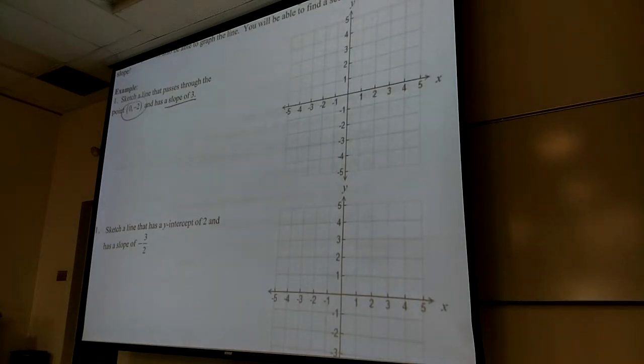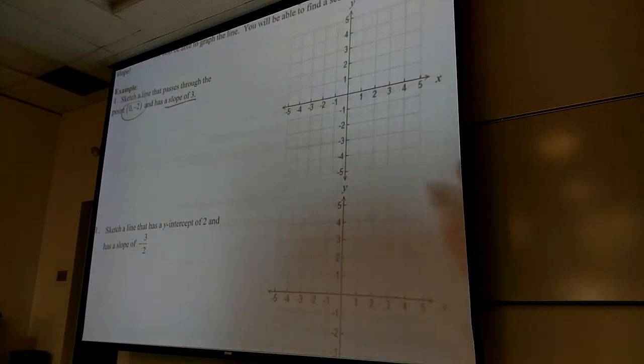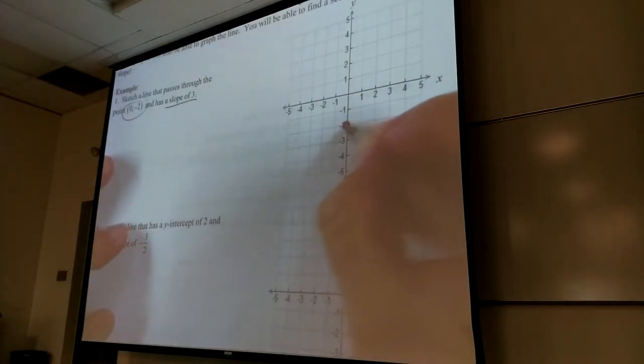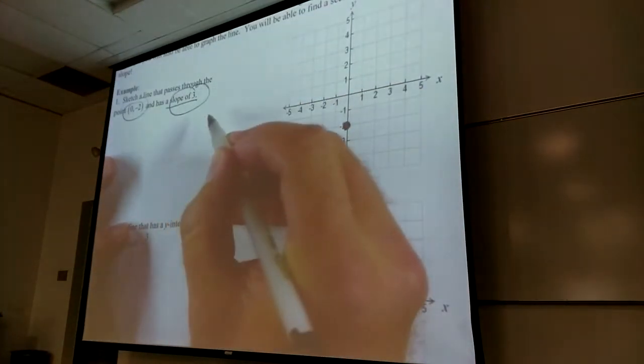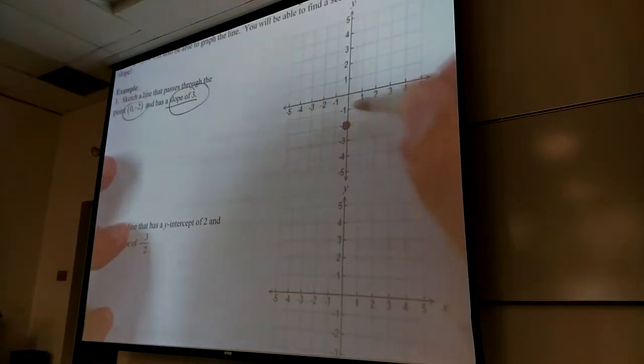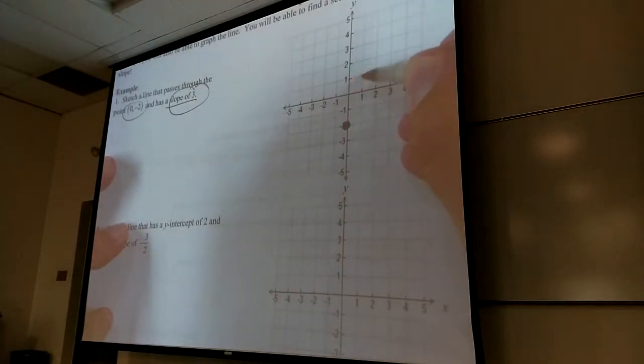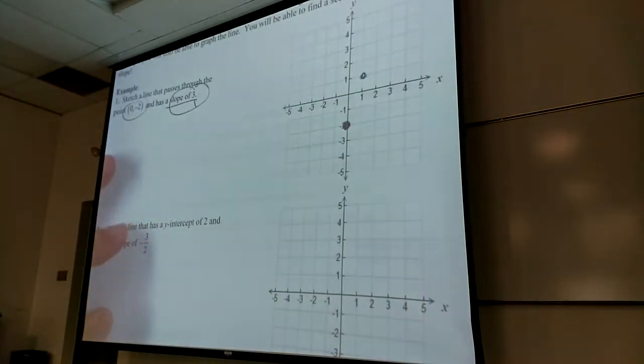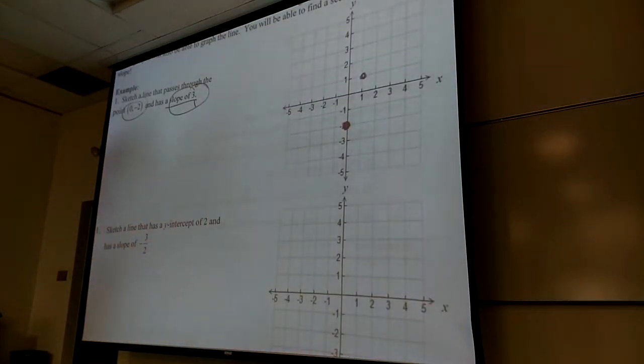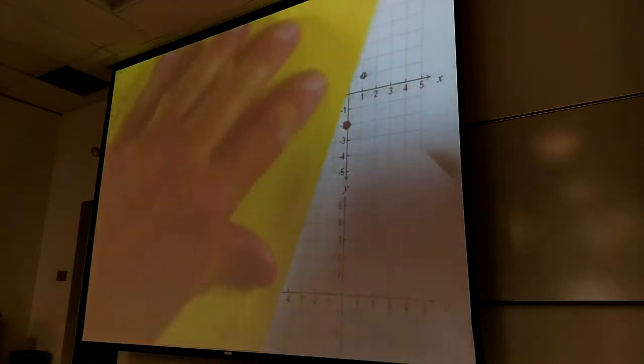The slope tells me if I start on the line and I do what the slope says, I'll get back to the line. So don't start at 0, 0 or something crazy. Plot 0, negative 2. And then it's got a slope of 3, so I go up 3 over 1. Right, it's 3 over 1.